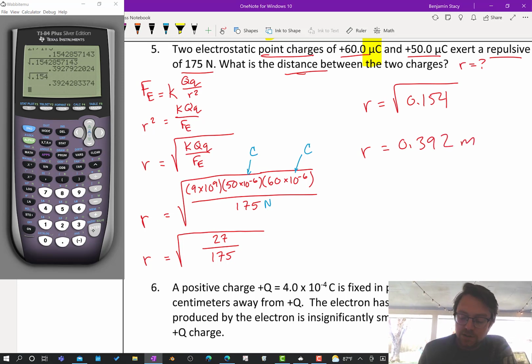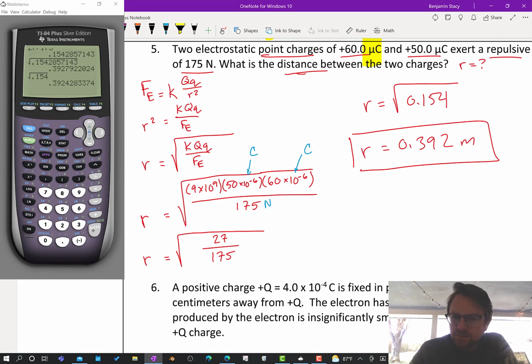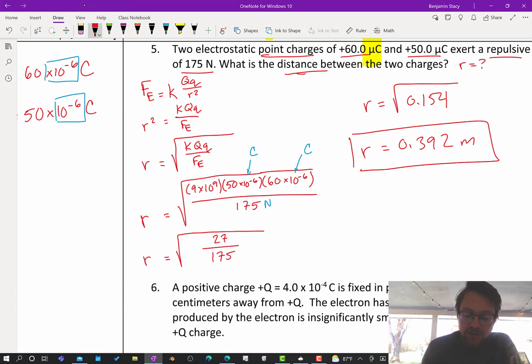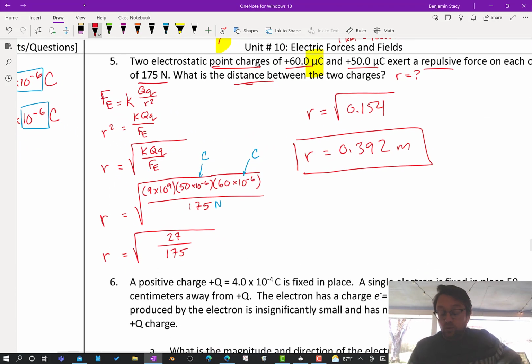That's in meters. So they're 40 centimeters apart, like a foot, 1 1/3 feet away. And it's 175 newtons of force. That's pretty something. So even though they're microcoulombs, that's a lot of charge. We'll never see in our lifetime 1 whole coulomb of charge. You would probably die immediately.